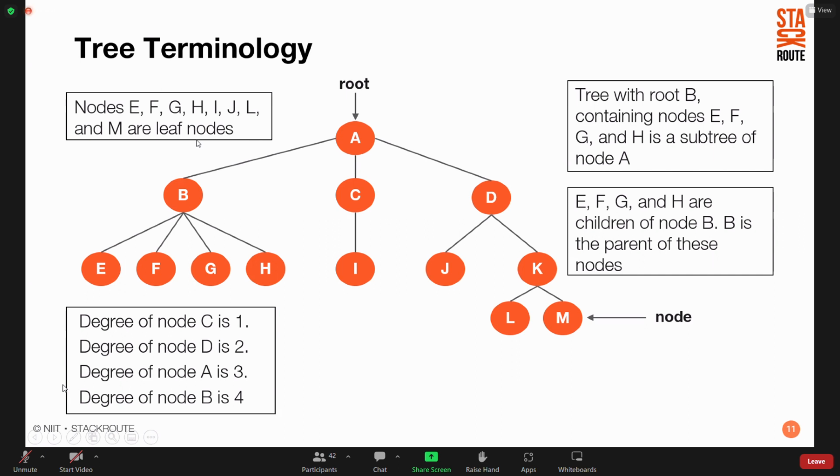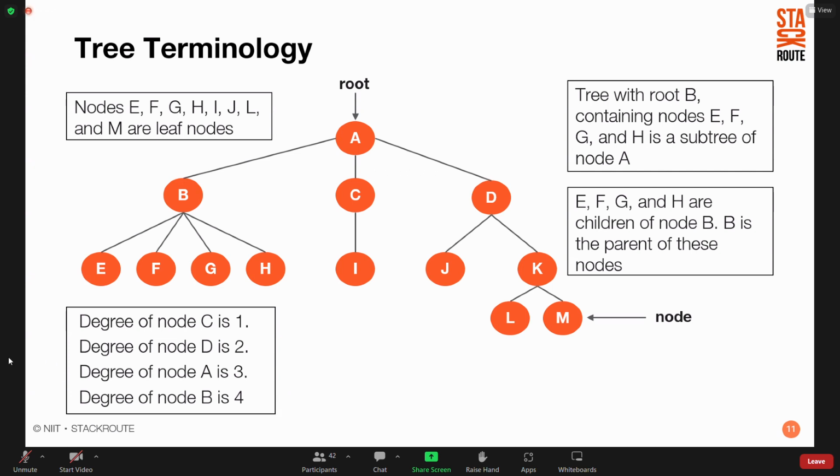So, ma'am, E, F, G, H have 3 terminologies, right? They are children of node B, they are subtrees of node A, and they are also leaf nodes, right? Yeah. We can say, if you take G, I can call G a node. Also, it comes under leaf node.